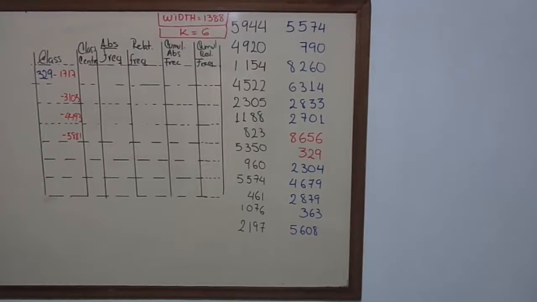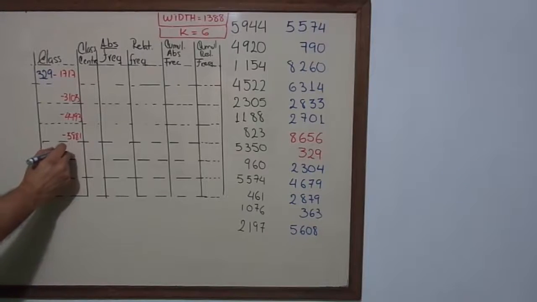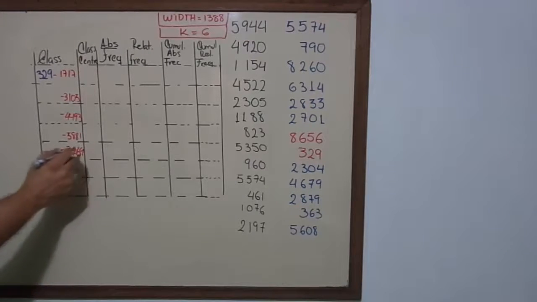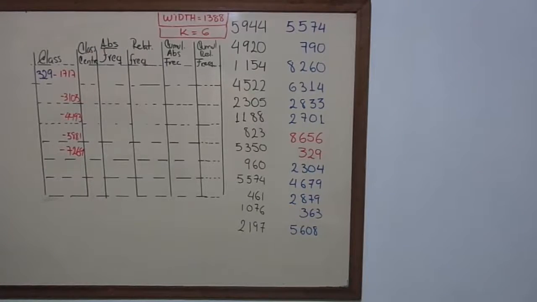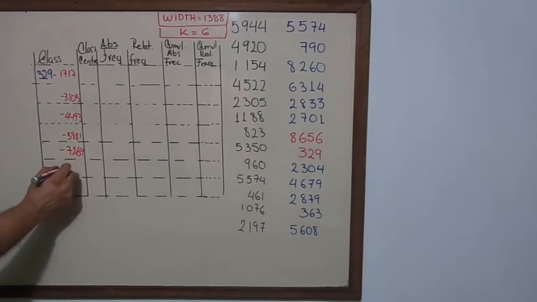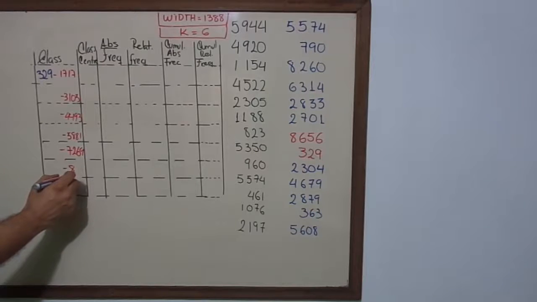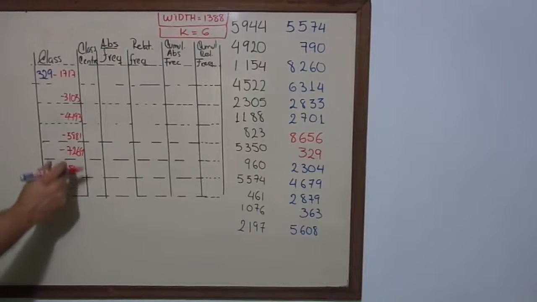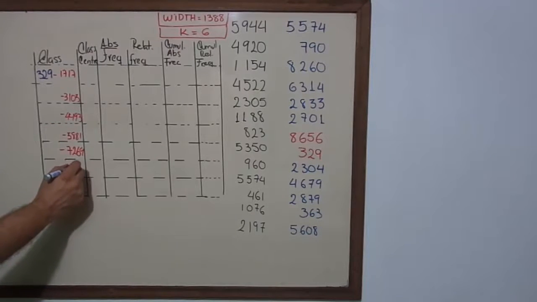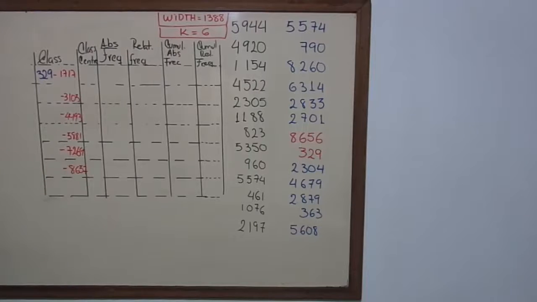That is 7,269, plus 1,388, 8,657. 1, 2, 3, 4, 5, 6. So this is a total.